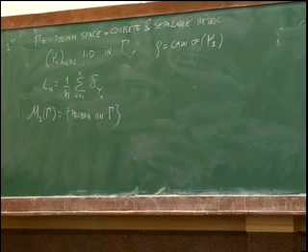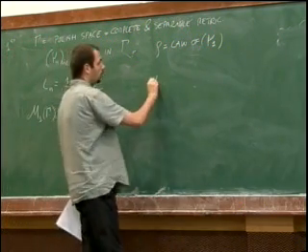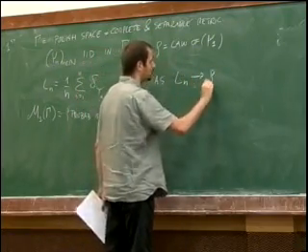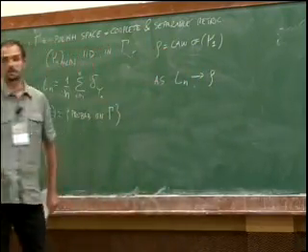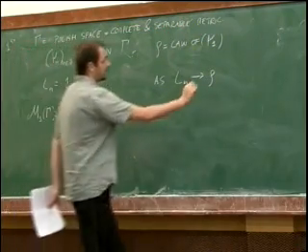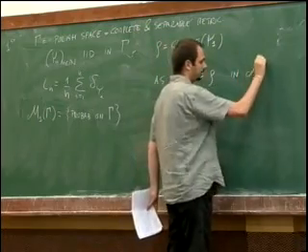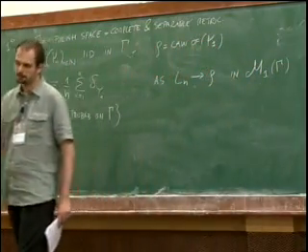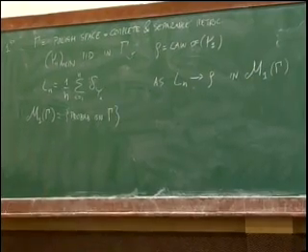You should probably have met it, but I don't want to go into details. What I want to tell you is that almost surely this empirical law converges to rho, the marginal law of the sequence, and this convergence takes place in the space of probability measures. This is not very important.